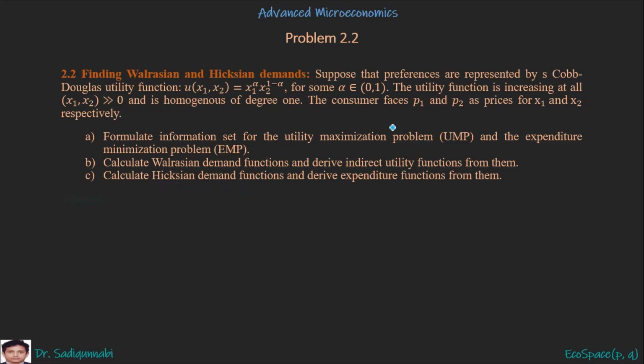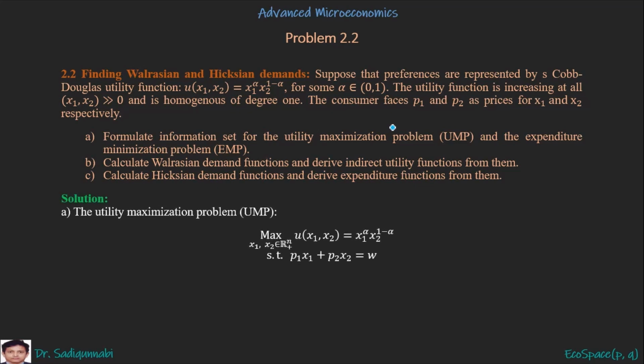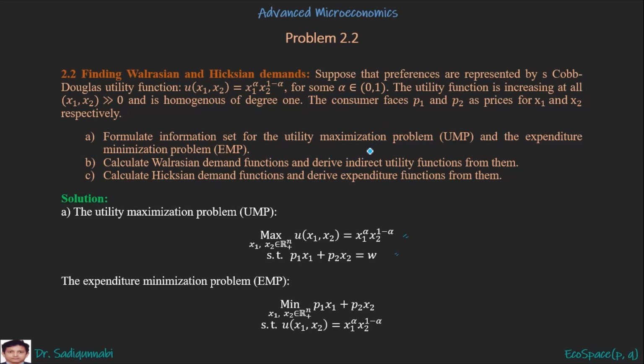Now the solution. UMP is very simple: maximization of the objective function subject to the budget constraint. Utility maximization problem, UMP. The expenditure minimization problem is, if it is primal, then it is dual.